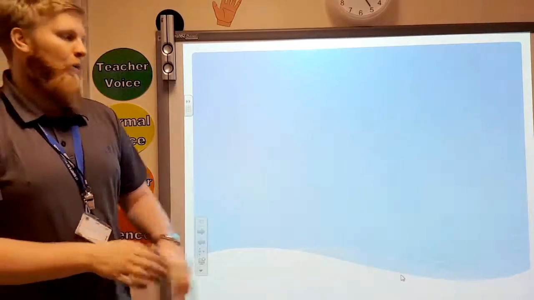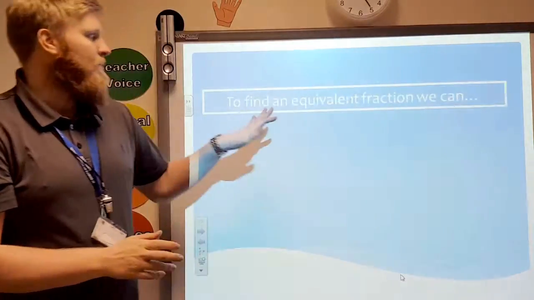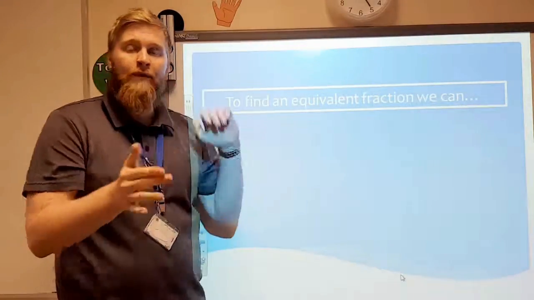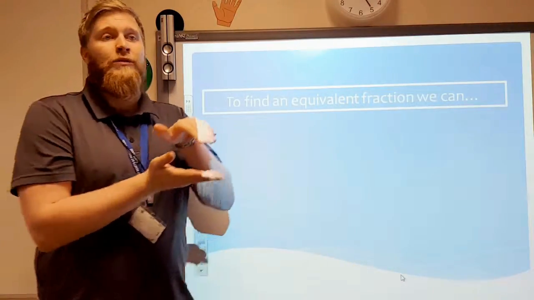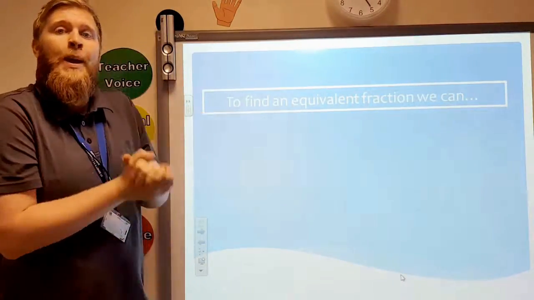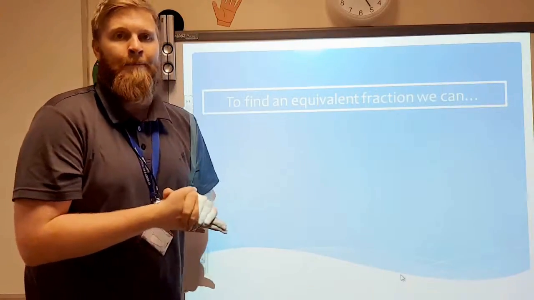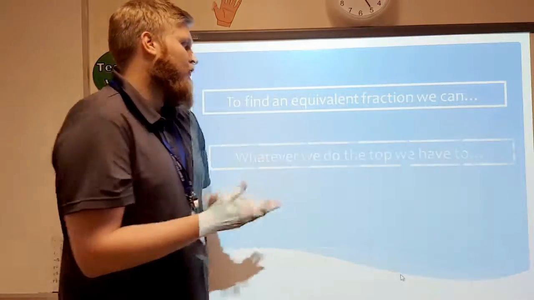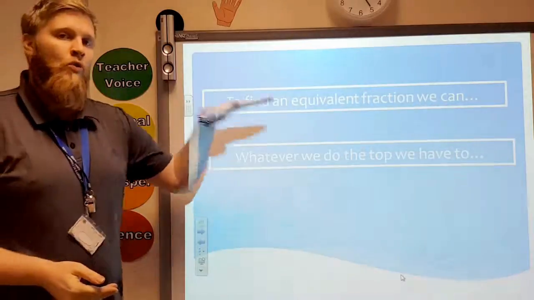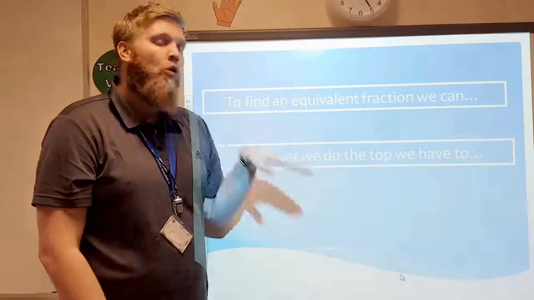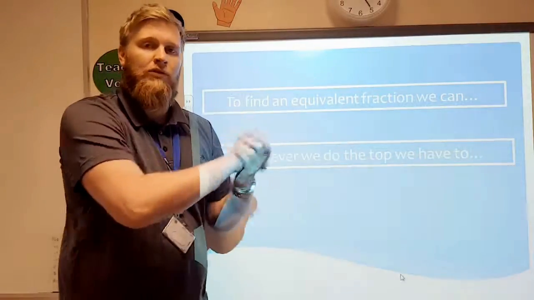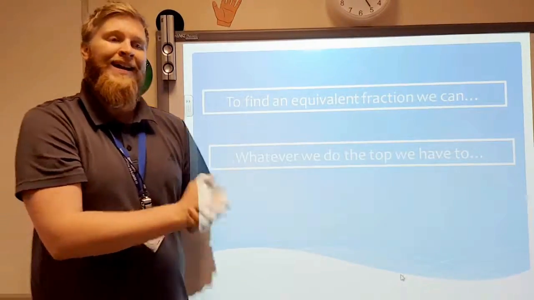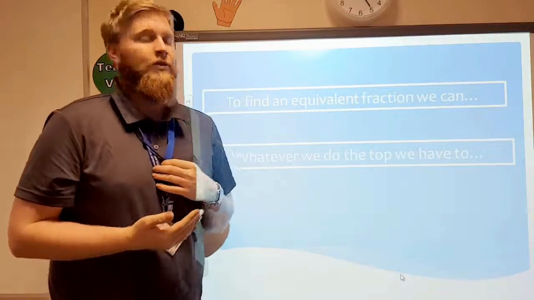Now, we need to remember that to find an equivalent fraction, all we have to do is either multiply or divide the numerator and the denominator by the same number. What we also have to remember, and this is really important, is that whatever we do at the top, the numerator, we have to do at the bottom, or whatever we do at the denominator, the bottom, we have to do at the top, the numerator, in order to keep them equivalent.